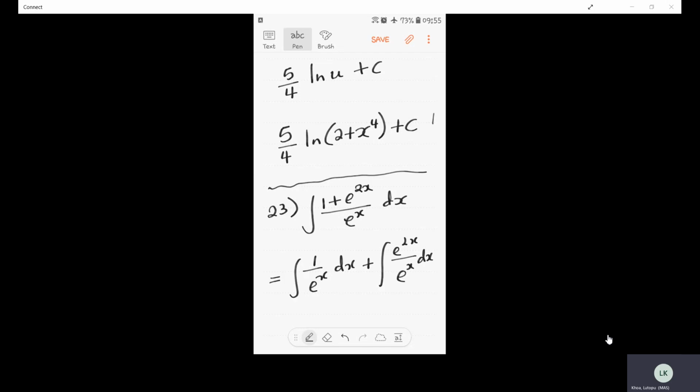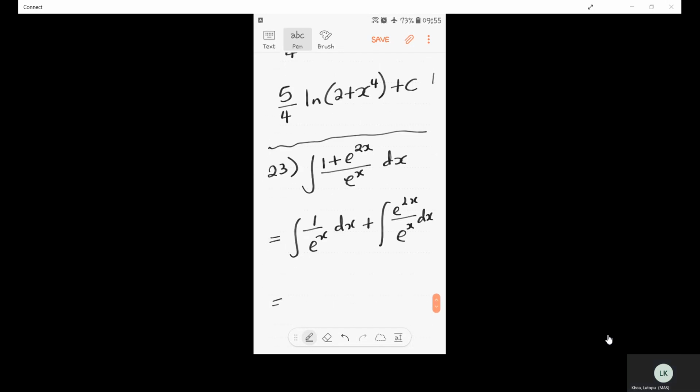So you can split this up and simplify. You have the integral of e to the power of minus x dx plus the integral of e to the power of x dx.